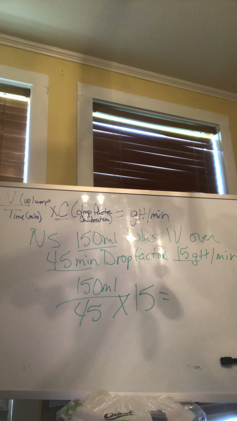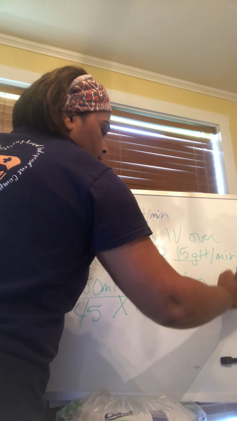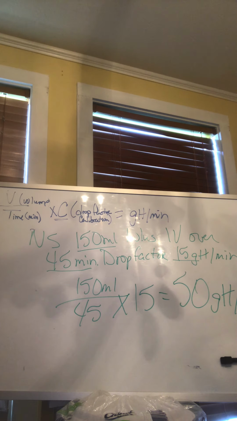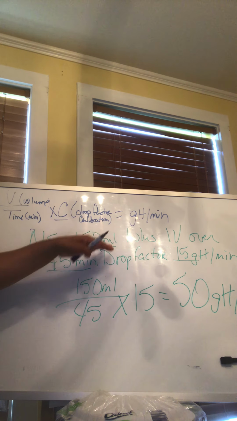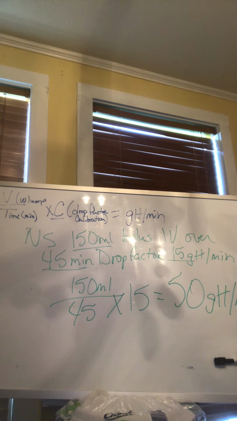Okay, if we work that problem out the same way, we're left with 50 drops per minute. 50 drops per minute. Again, we're just plugging in the information that we have into the formula method. Okay?